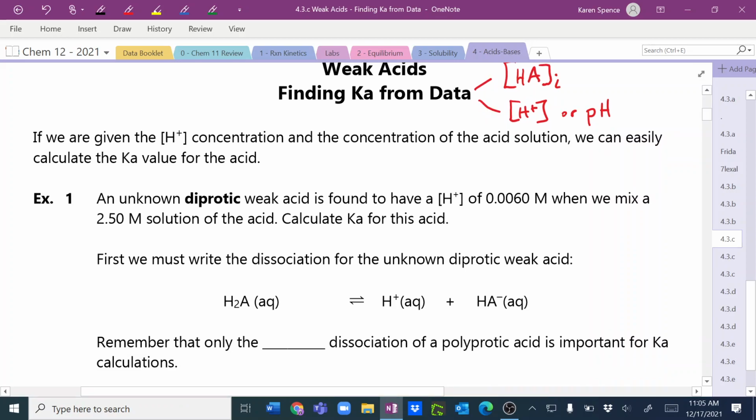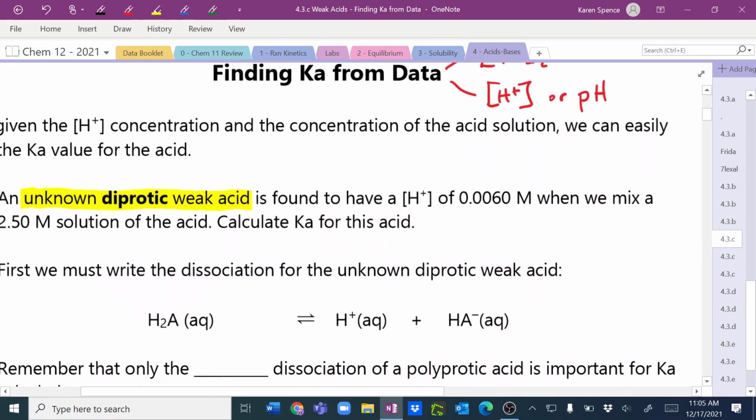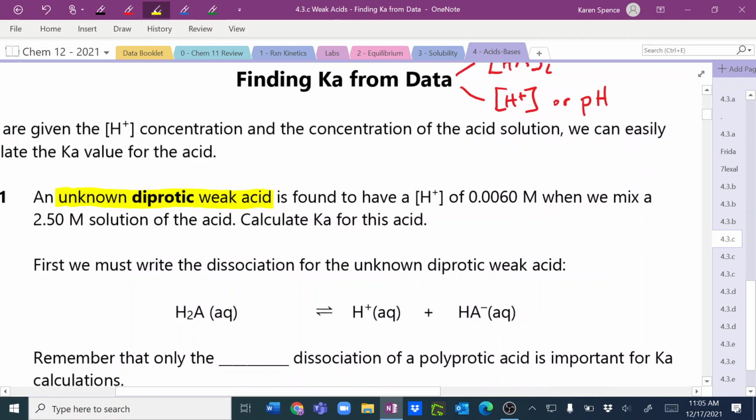And I decided, since we had just looked at diprotic acids, that in our example, we would have an unknown diprotic weak acid. It is found to have a hydrogen ion concentration of 0.0060 molar when we mix a 2 molar solution of the acid.